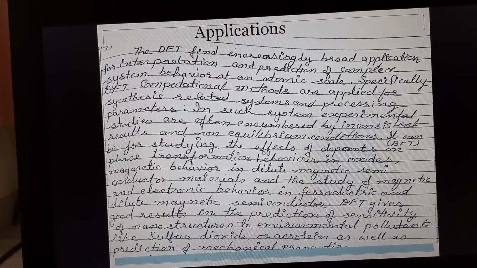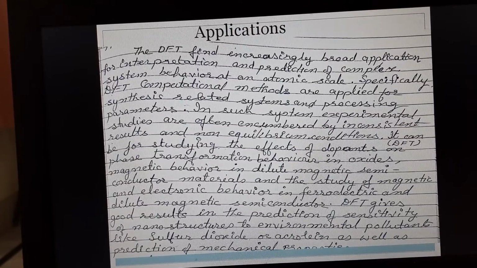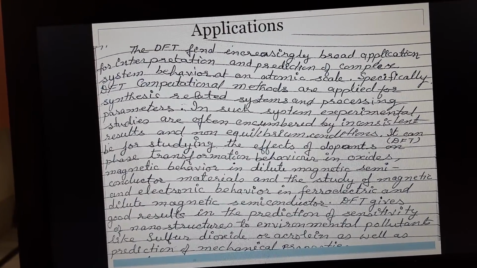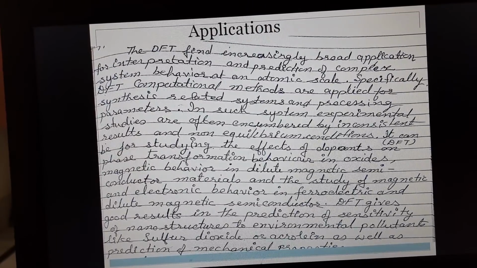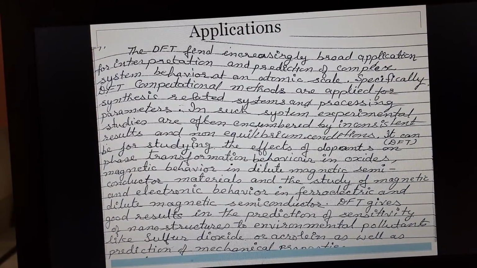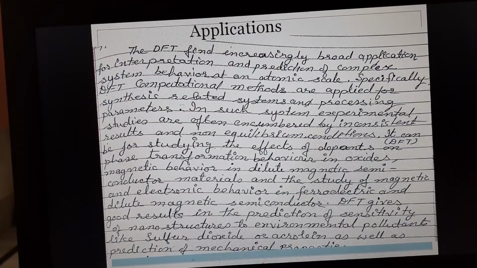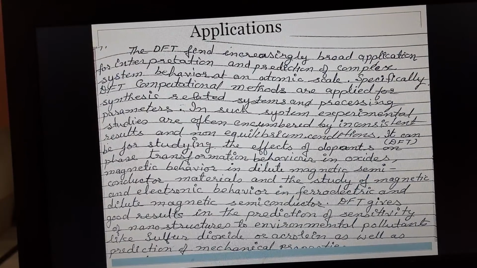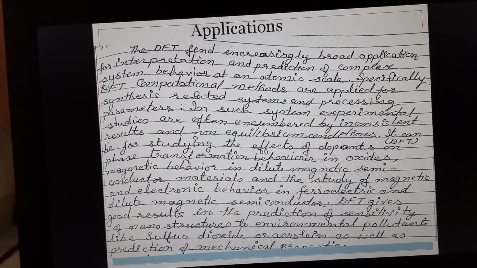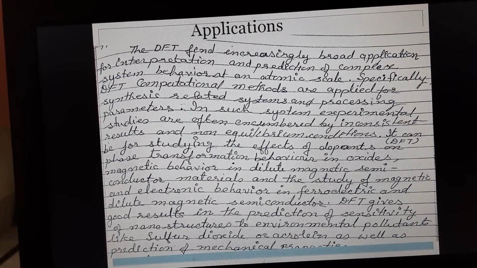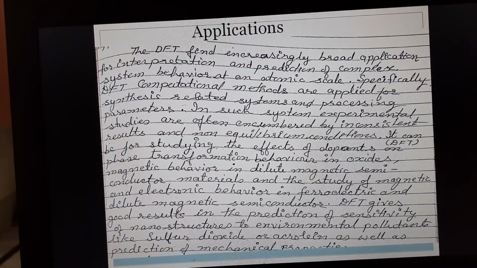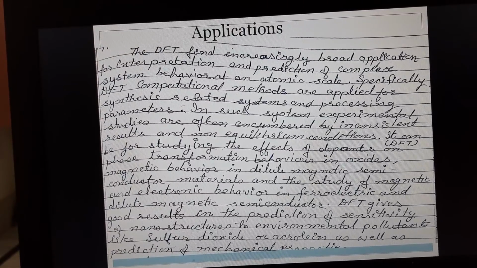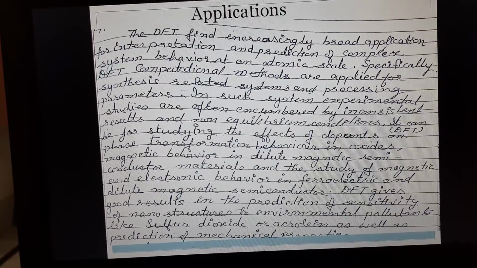It can be used for studying the effects of dopants on phase transformation behavior in oxides, magnetic behavior in dilute magnetic semiconductor materials, and the study of magnetic and electronic behavior in ferroelectrics and dilute magnetic semiconductors.